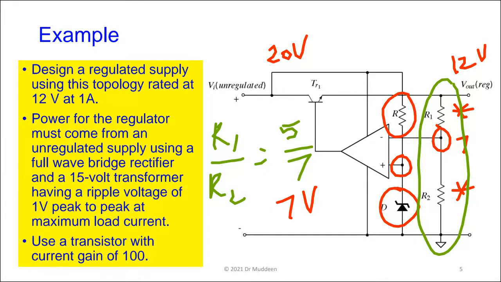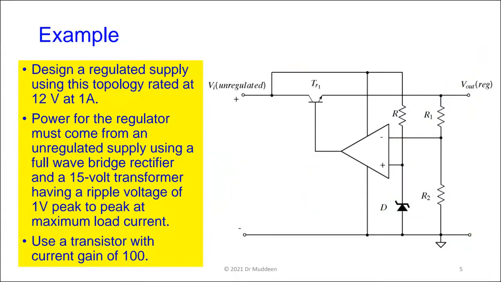So you want as little current as possible being diverted elsewhere. So R1 and R2, you're free to choose fairly big resistors. The op-amp actually takes very little current to work, so the current going into the op-amp here is going to be very small. With that in mind, you just simply choose a value.